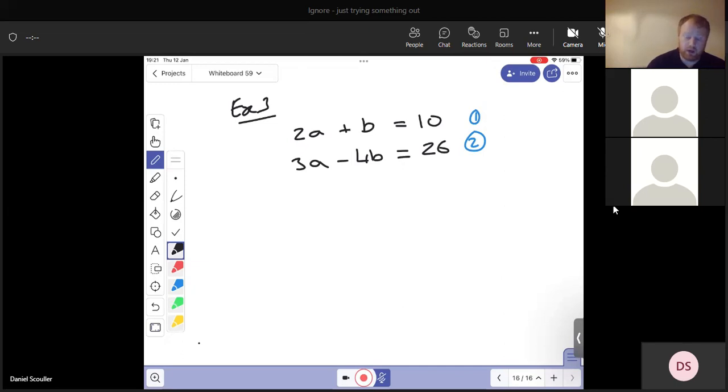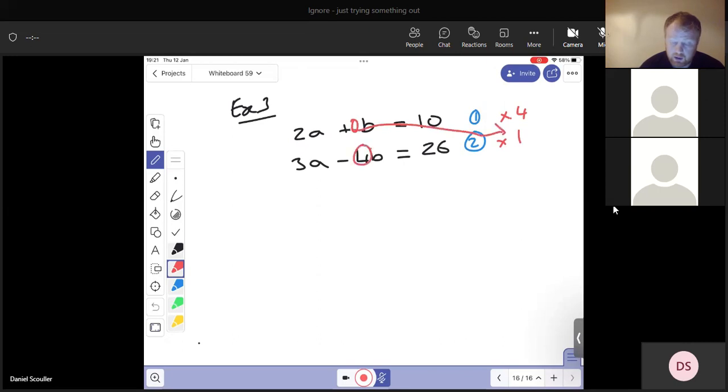Solving's the same then. So we are looking to get to the point where the number in front of, let's say, the b terms is again the same. So if I multiply that by 4, and I multiply that one by 1, whatever number's in front of that, put here.